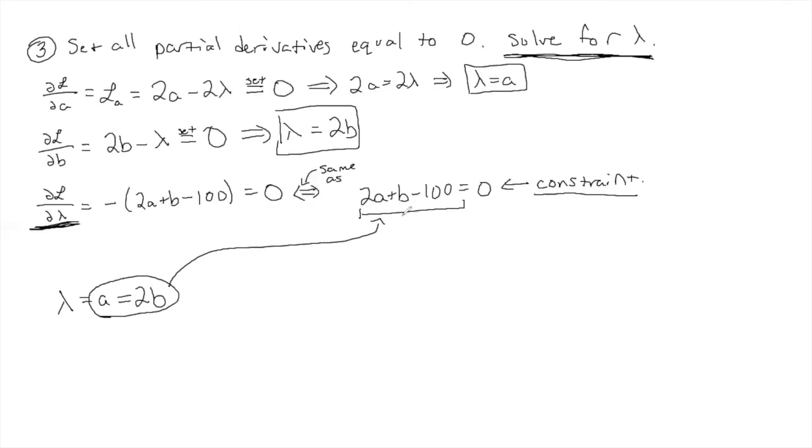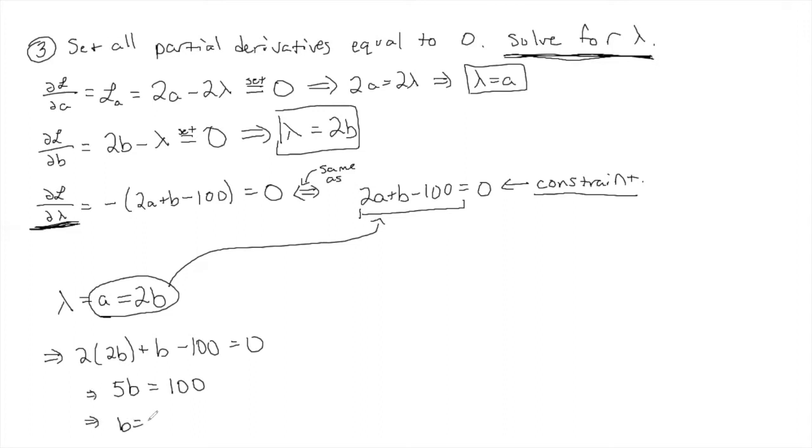Okay, so plugging in here gives, let's say we substitute a equals 2b, just because it's already written this way. So I have 2 times 2b plus b minus 100 equals 0. Okay, so I get 4b plus b is 5b equals 100.